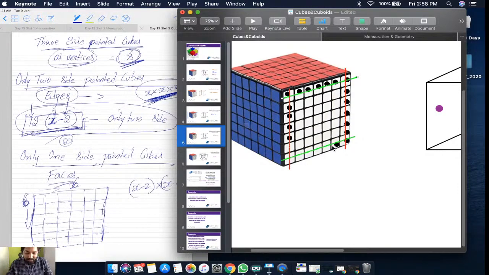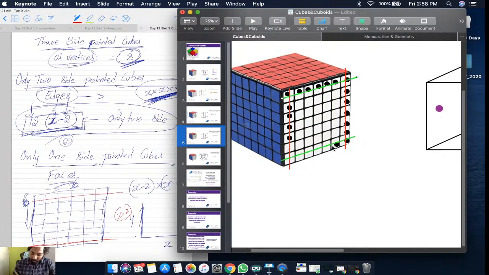How many layers did I slice off in, let's call this x direction, let's call this y direction. In x direction there were x layers, but I cannot consider the top layer, I cannot consider the bottom layer. Now how many layers are remaining in x direction, y direction? X minus 2 layers.